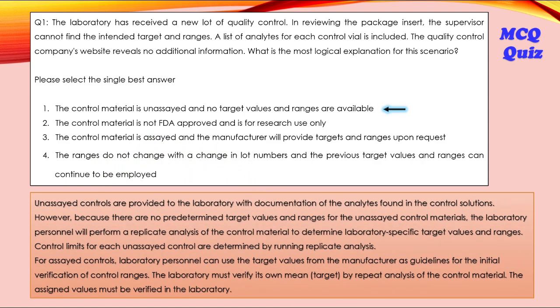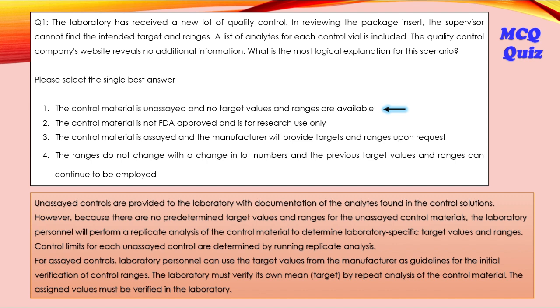Feedback. Unassayed controls are provided to the laboratory with documentation of the analytes found in the control solutions. However, because there are no predetermined target values and ranges for the unassayed control materials, the laboratory personnel will perform a replicate analysis of the control material to determine laboratory-specific target values and ranges.